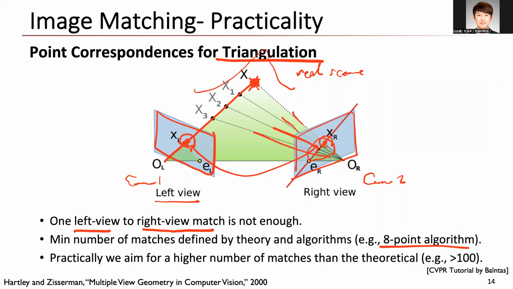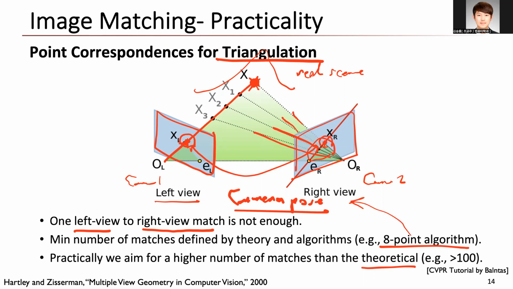To understand the camera pose variation between the left view and right view, we need at least 8 point correspondences.